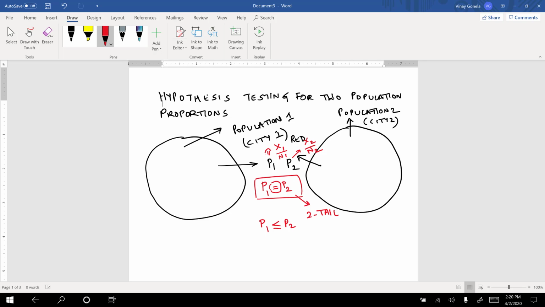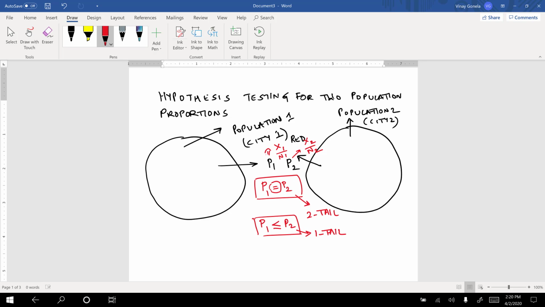That means the proportion of people liking color red in city 1 is less than the proportion of people liking color red in city 2. So this is a one-tail problem because we are looking at one side of a normal distribution curve.